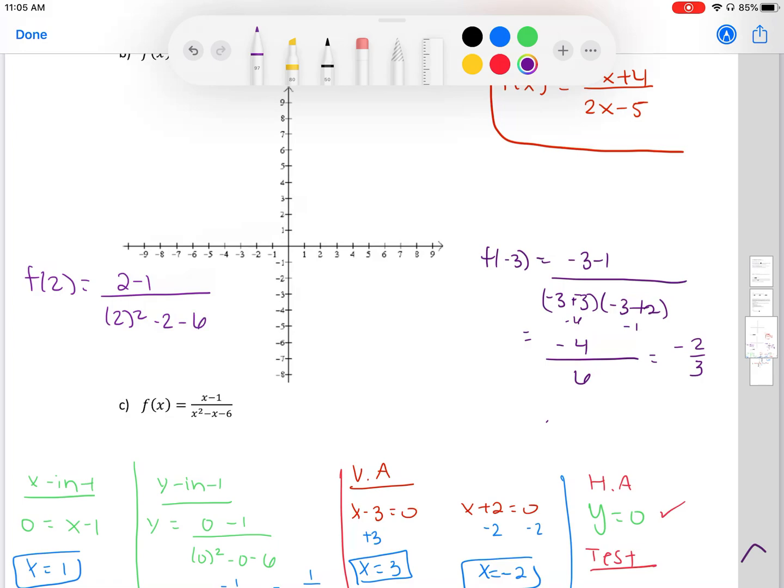I erased my factored version, so I'm using my expanded one, and that's okay. It gives us the same answer. So I have 2 minus 1 is 1. On the bottom, I have 2 squared is 4, minus 2 minus 6. So I'm left with 1 over 4 minus 2 is 2, and 2 minus 6 is -4.